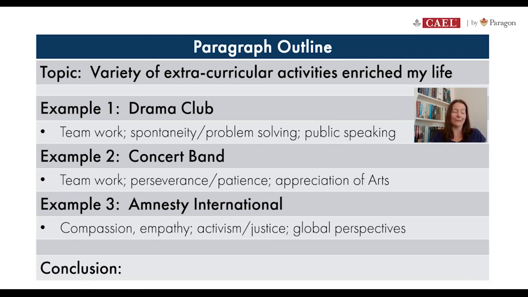As a high school student, rather than just learn about my world as it is contained to my hometown, all of a sudden I'm learning about global perspectives. I'm learning about activism and justice on a worldwide scale. So those are certainly skills that I value. So I'm going to present them as strengths, things that I learned at high school that benefit me even today.